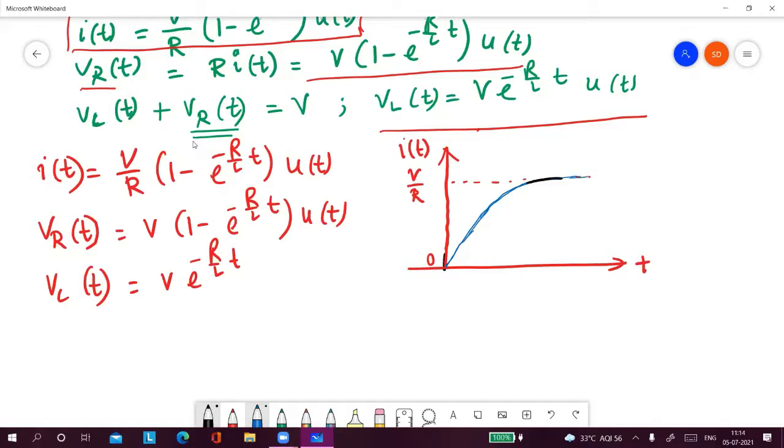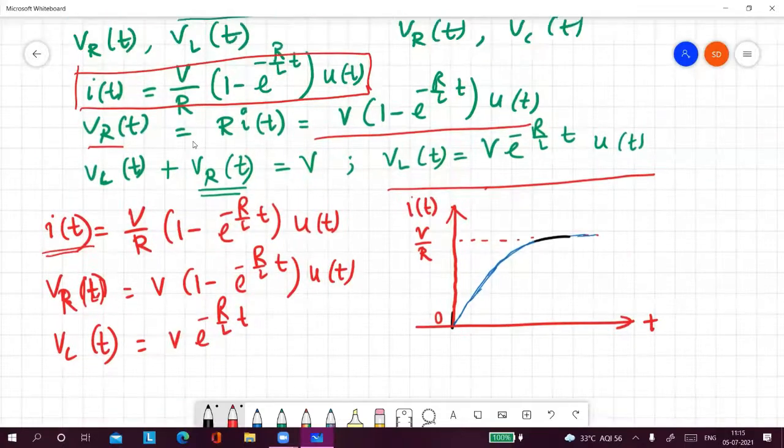And what will be the nature of the voltage drop across the resistance? You know VR(t) will be the same as i(t), because VR(t) is R into i(t).